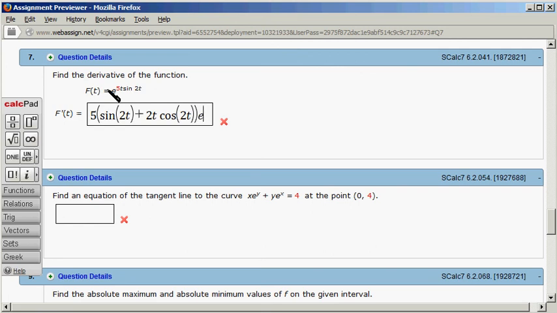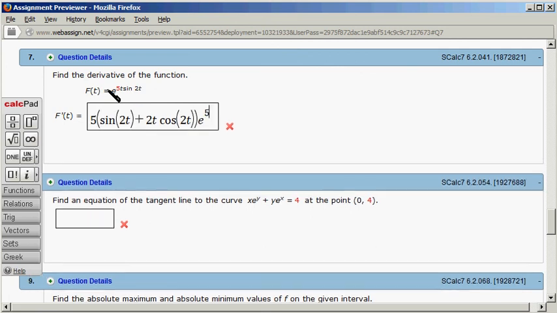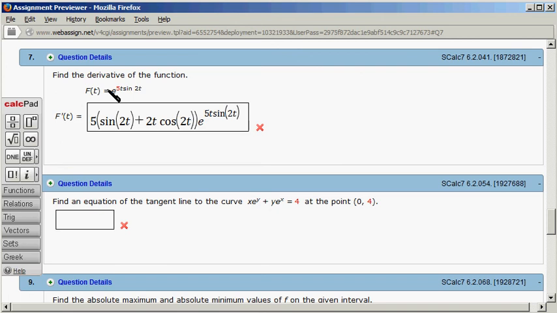Then you have e to the 5t, oops, 5t still up here, sine of 2t. Let's see if I can squeeze it, yep, so that's that.